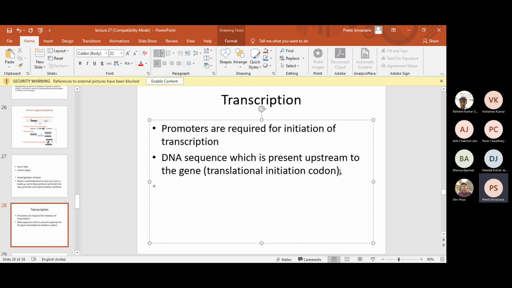When we talk about the length of the promoter, it can vary from as small as maybe 60 to 70 nucleotides to as long as maybe 200 or 250 nucleotides in length.